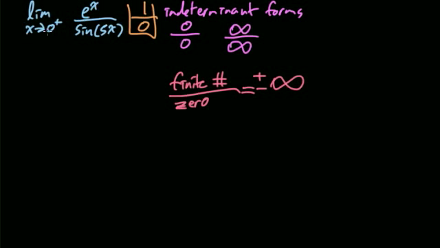Even if we raise e to a really, really small positive value as we get closer and closer to 0, we're still always going to have a positive value. So we're going to have positive values in our numerator.